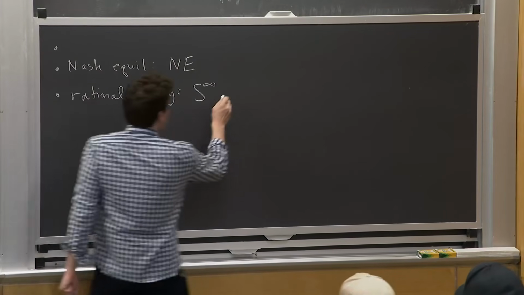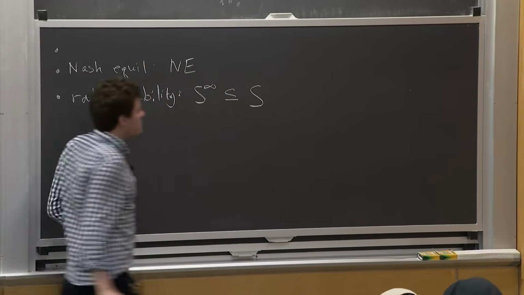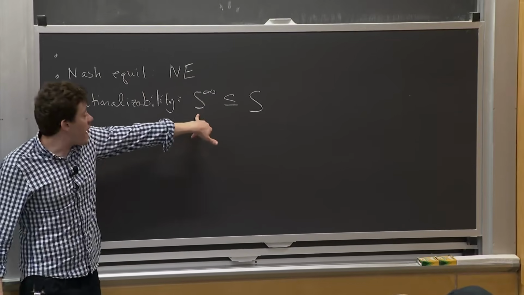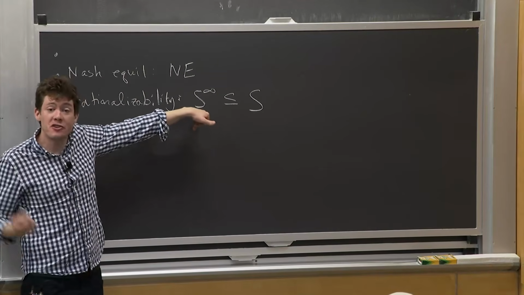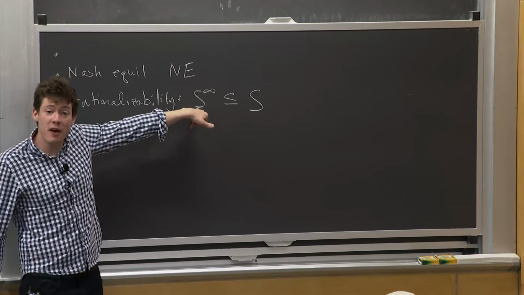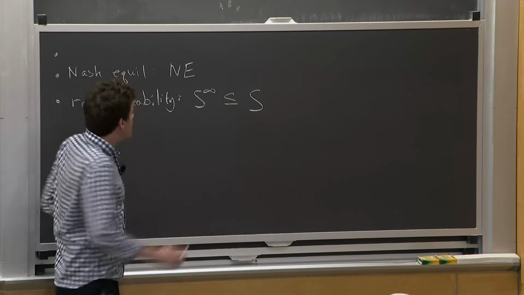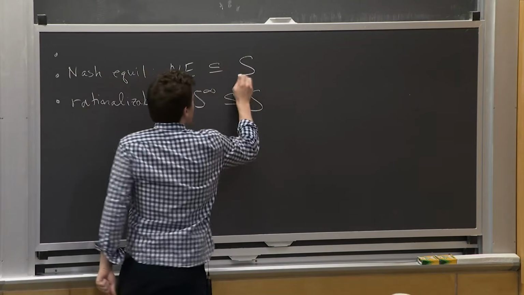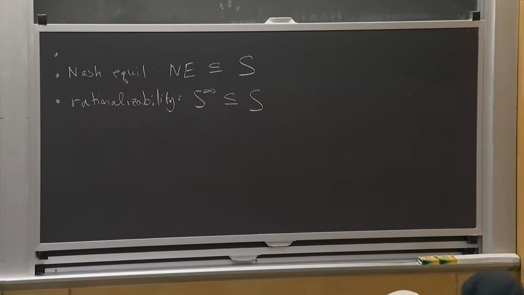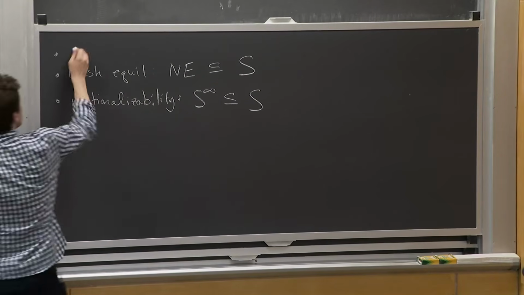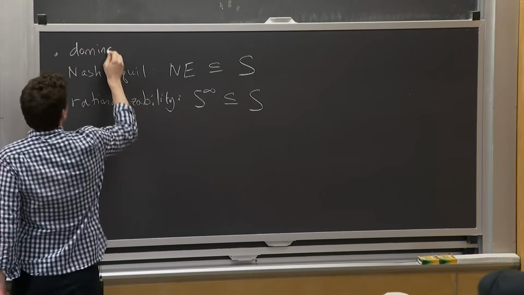Just to be clear, this is a subset of S, right? What kind of objects are these? These are strategy profiles. So rationalizable strategy profiles live in the set of all strategy profiles. Then the set of Nash equilibria is also a subset of big S, because a Nash equilibrium is also a strategy profile. And then we had another notion, which was dominant strategy equilibrium.